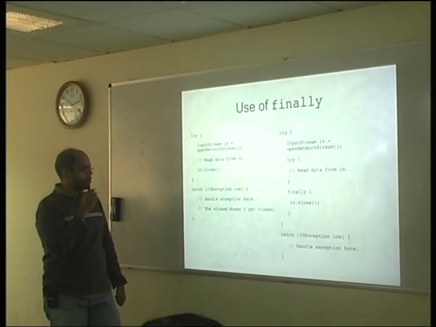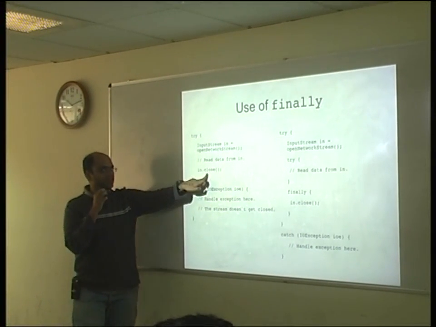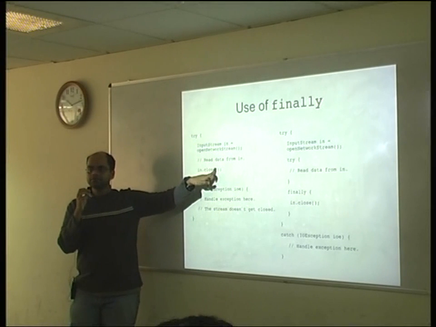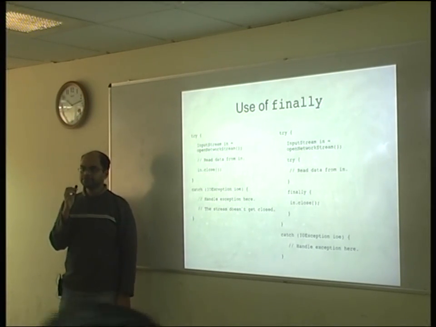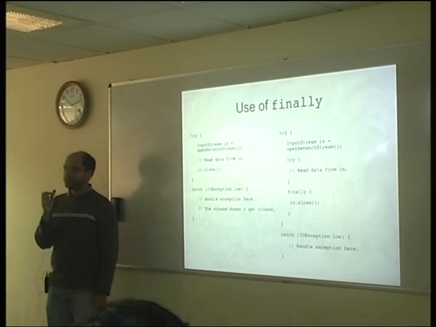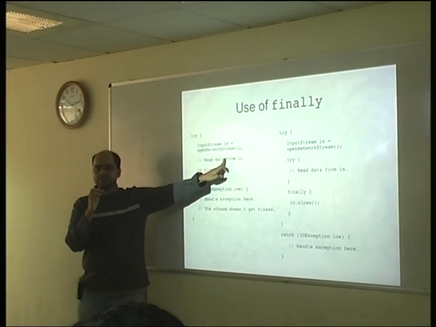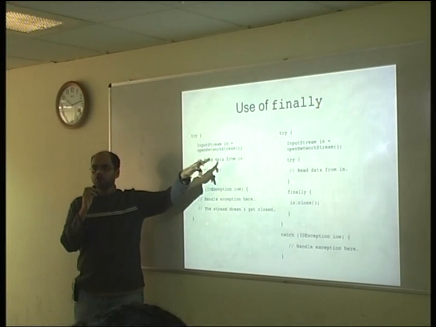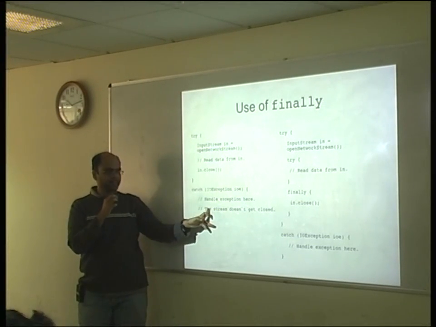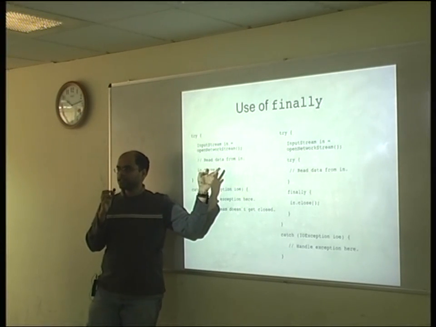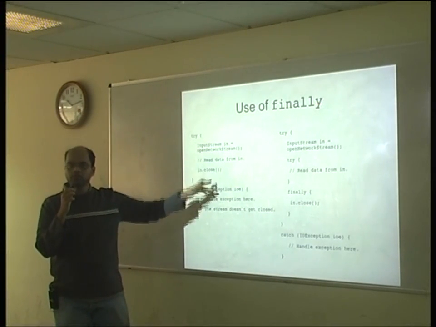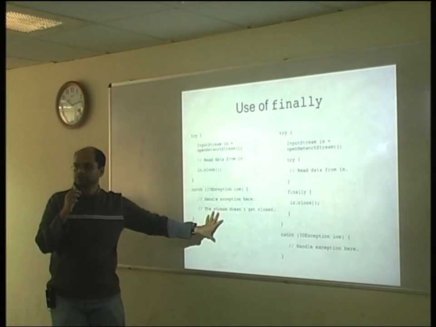So what happens if while reading the data, something goes wrong? In this case, if anything goes wrong while reading the data, you will handle the exception, and your in.close is here. So we close the connection here, and that doesn't get closed because you come directly to the exception handler.